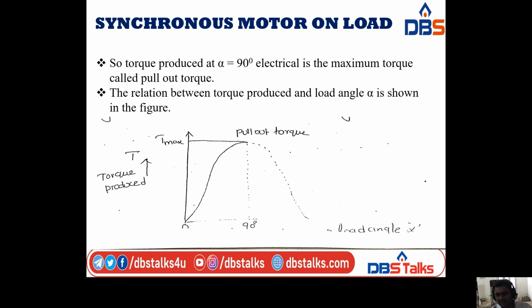The maximum torque occurs when alpha is equal to 90 degrees, and that is called pull out torque. After the maximum torque occurs, the torque decreases slightly toward the normal load angle, that is 0.